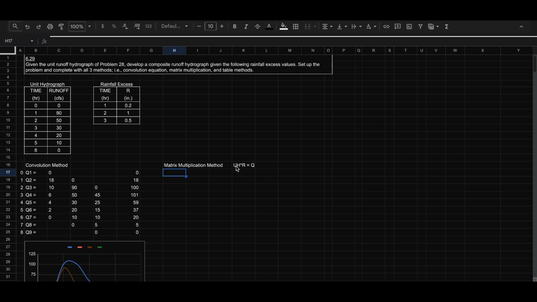So, sorry, this is rainfall times unit hydrograph. Let's do it that way. The unit hydrograph has 7 values here, so we need to make a matrix of 7 columns with the rainfall excess values.